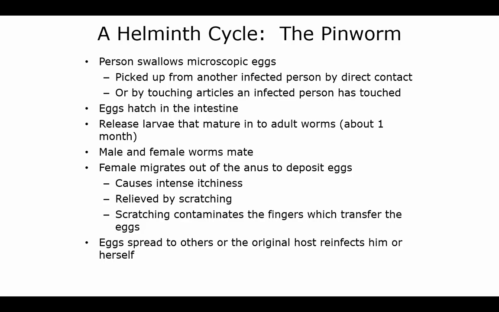And you can notice they may have a problem because they're itching a lot around their anus, and so they scratch it a lot. That's because the female migrates out of the anus and lays eggs. And so if the child scratches, they can reinfect themselves, or they can transfer it to another host.